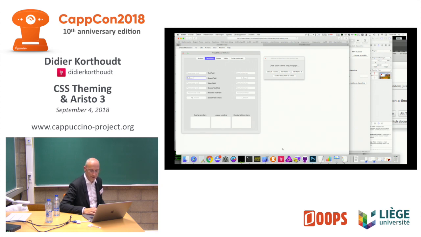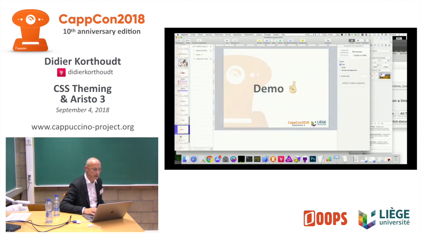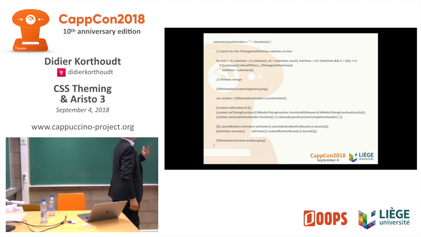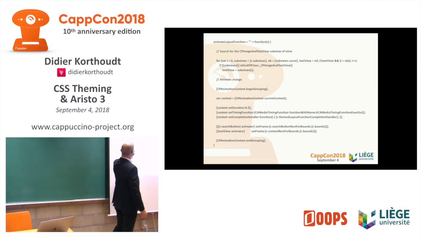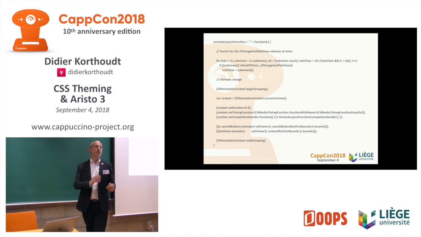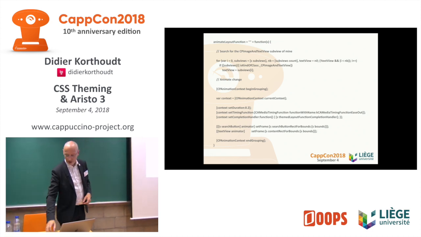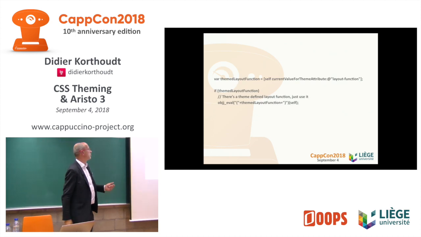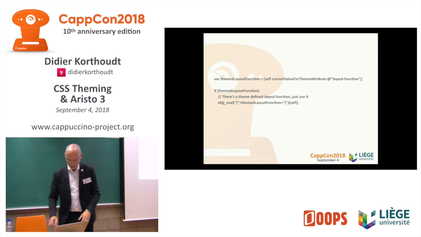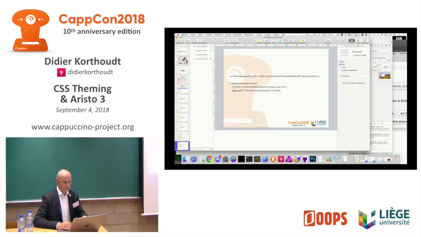It's here. This is an animation function in the theme, in the Aristo 3 theme. In fact, the function is transformed, thanks to JavaScript, into a string simply by putting a double quote plus the function definition, and JavaScript transforms it into a string. So it's easy to store in the theme description. And the use of this is just to call Objective-J eval and the theme layout function in this case. So it's easy to use after that.